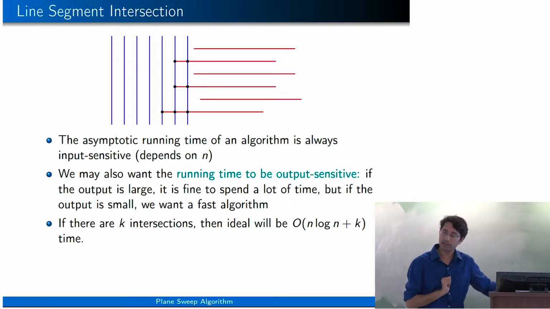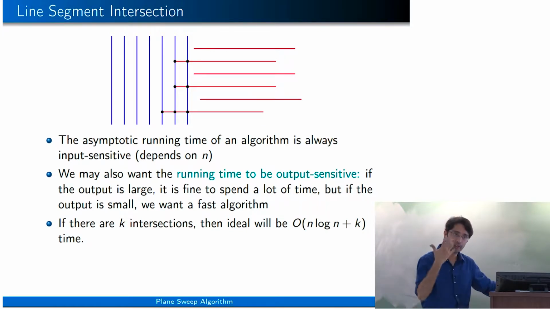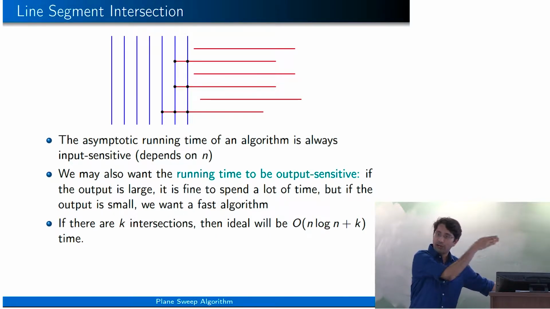More specifically, can we design an algorithm which will correctly find all the intersections in time n log n plus k, where k is the size of the output that you have to report? When k is order n, our algorithm will run in n log n time. This is the ideal that we want to achieve, and this is certainly possible.